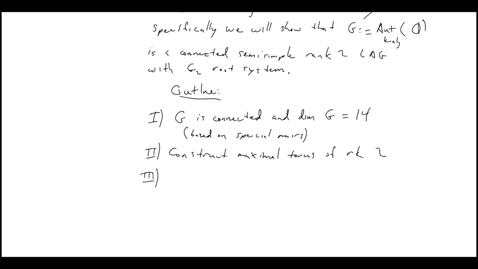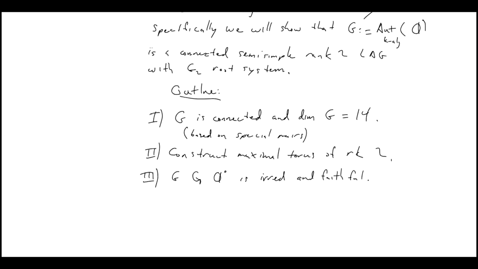And then finally, we'll show that G acting on the trace 0 elements is irreducible and faithful. Once we have these three things, it's not so difficult to get our conclusions.